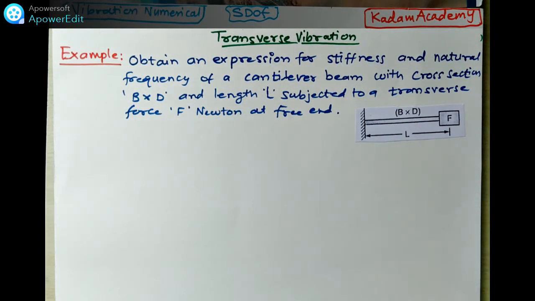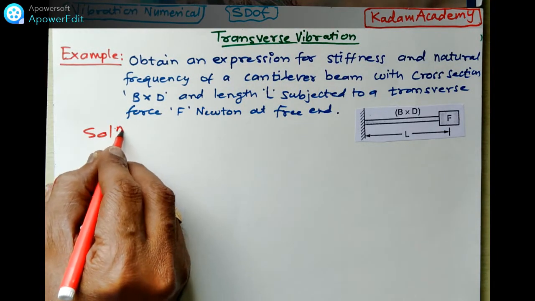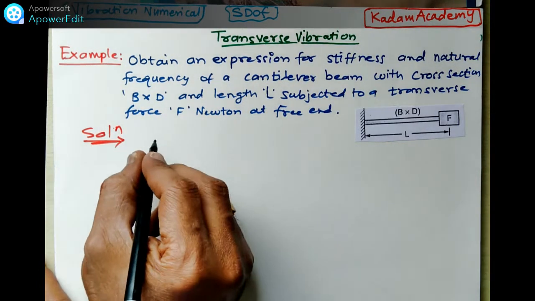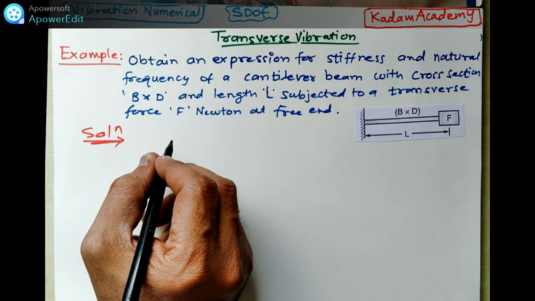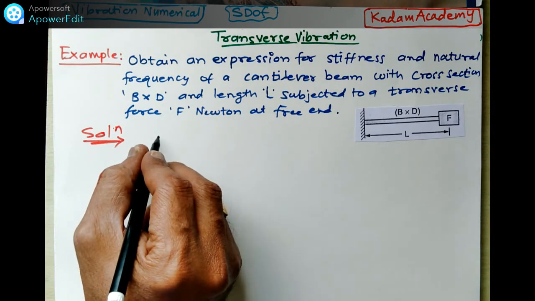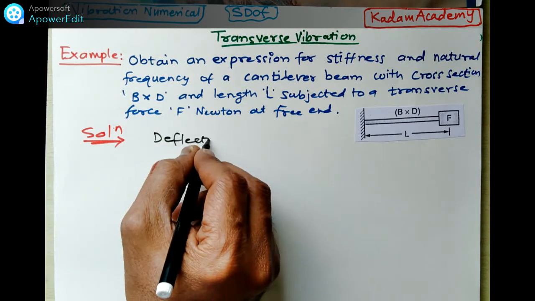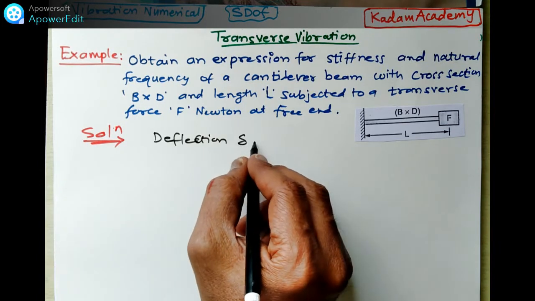To solve this numerical, what is given to you? We have to start with the deflection for the cantilever. Write the deflection of this. Suppose del is the deflection.